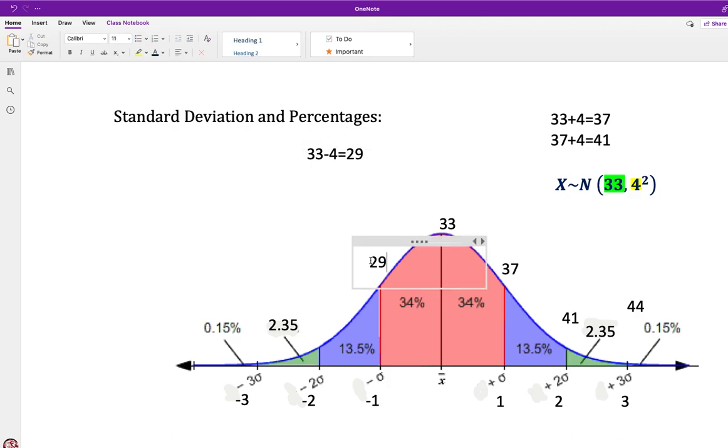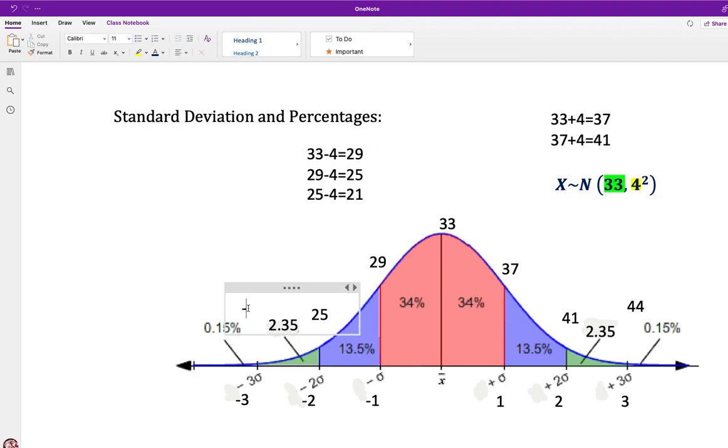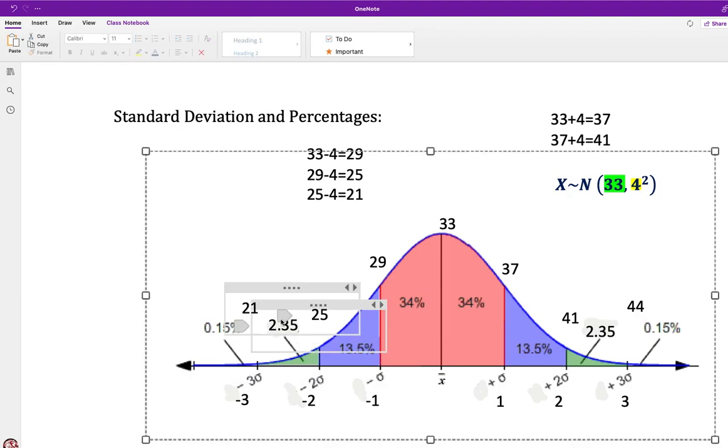So 29 is going to go here. And then, just like we added, 29 minus 4 equals 25, and 25 is going to go above the minus 2. Then one more: 25 minus 4 equals 21, and that's going to go in the minus 3 section.